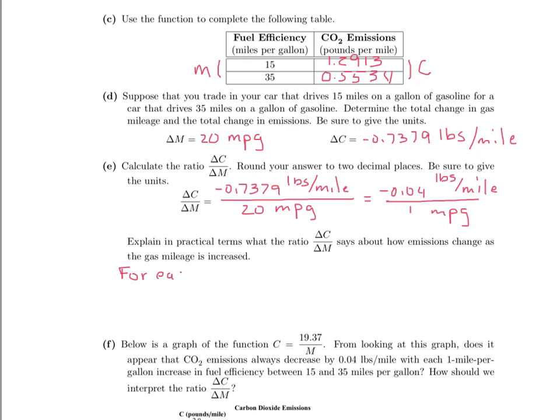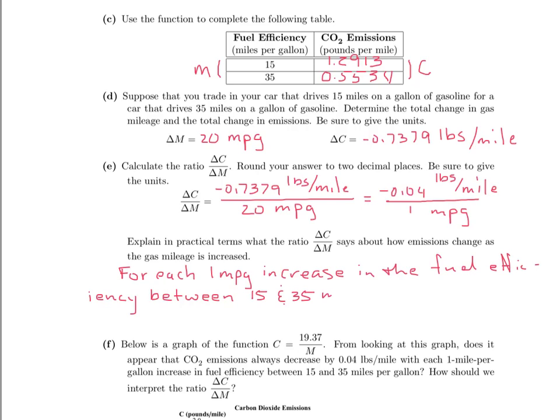For each 1 mile per gallon increase in the fuel efficiency, and this is between 15 and 35 miles per gallon.